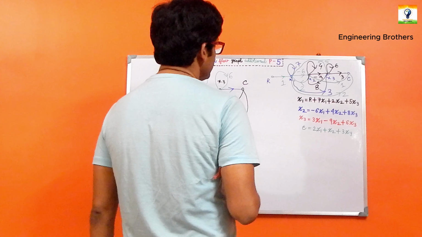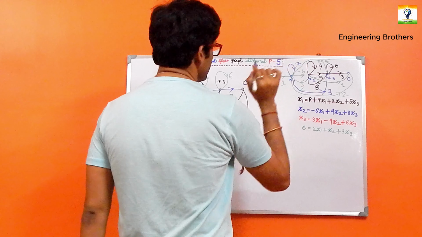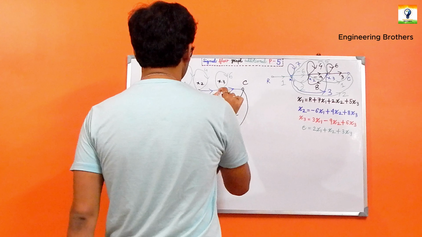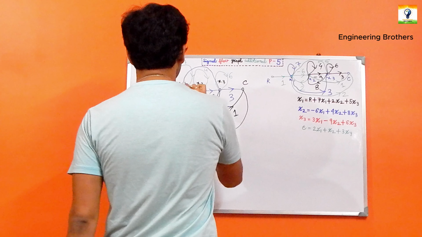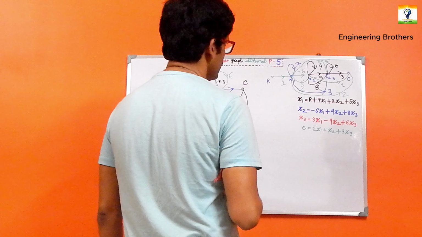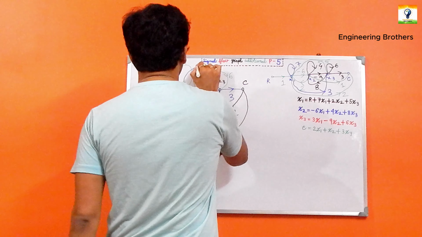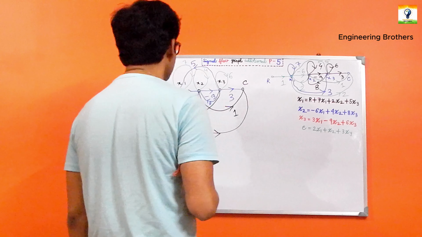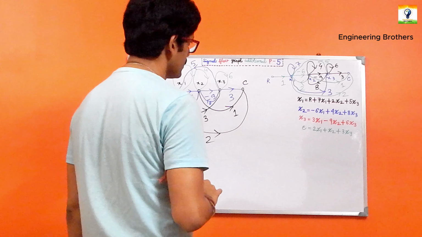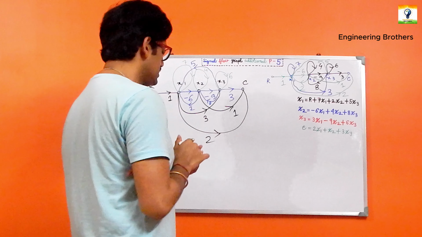Now in between our x3 and x1, we have got another loop, and the gain for that path will be 5. Okay. Now let us just recheck over here.